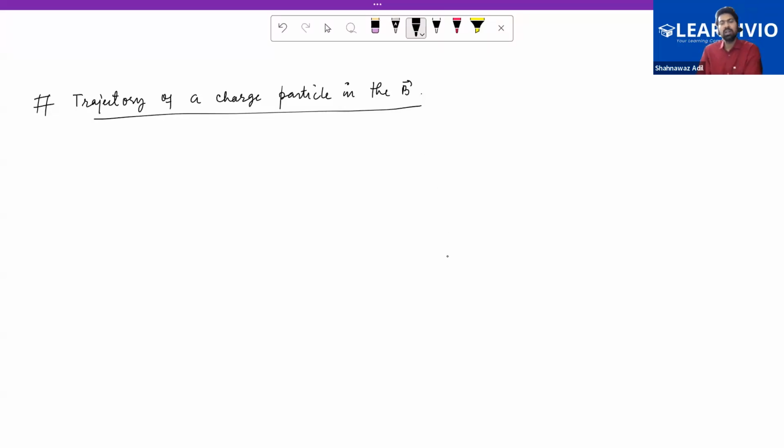So one case is that we have this magnetic field, right? I will write it in this way. We have magnetic field which is going right. This is the magnetic field, and this is showing that magnetic field is inside.